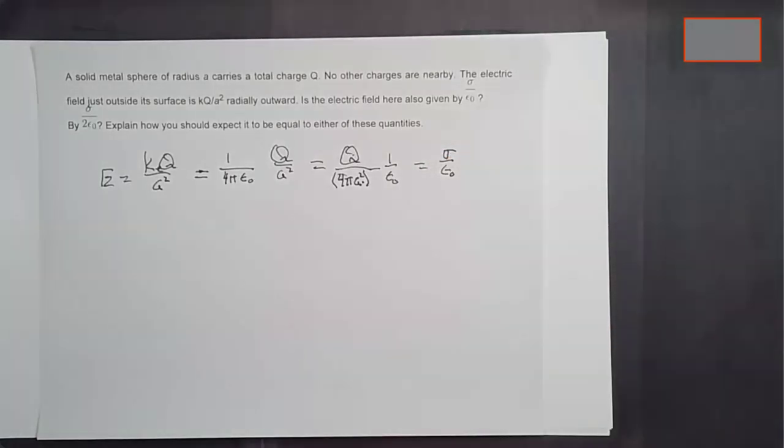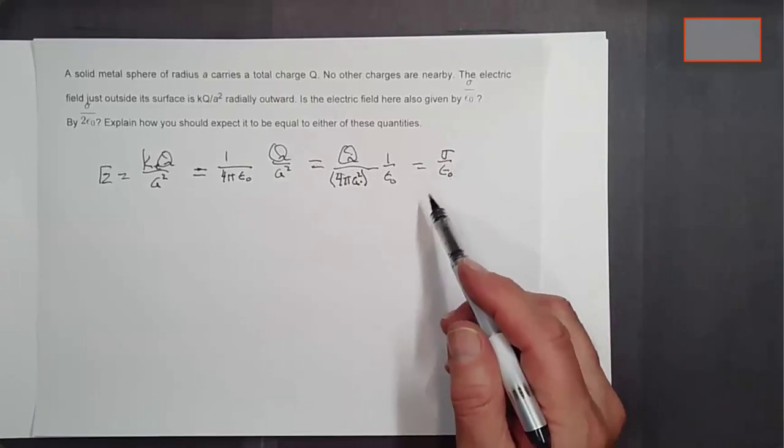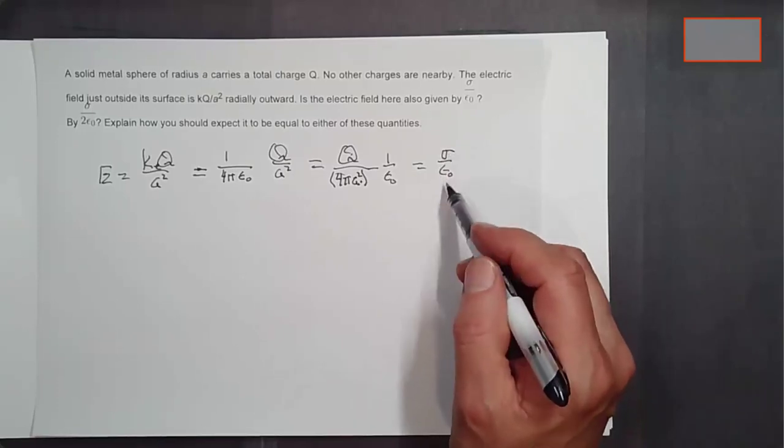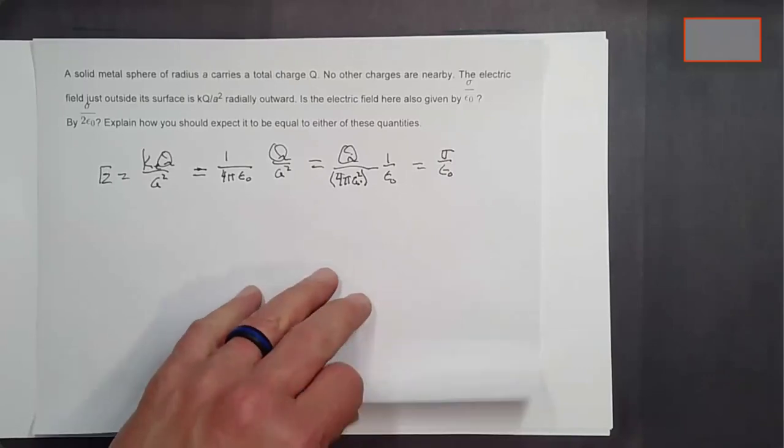Now that's only true just outside or right on the surface of the sphere. As soon as you start moving away, it starts dropping off of that. But on the surface of the sphere, the electric field is the same as that for an infinite sheet of charge. So that one's kind of neat.